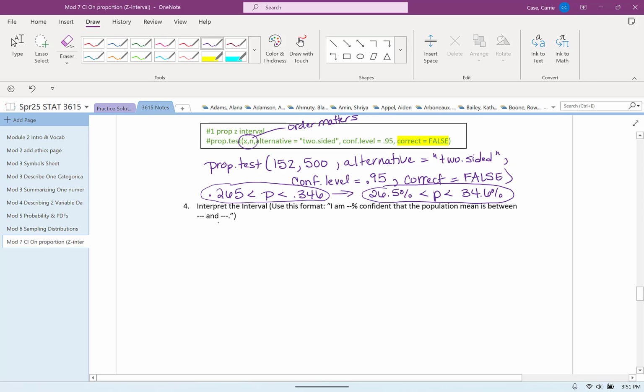So the interpretation step is: I am whatever percent confident. In our case, we did a 95% confidence interval.